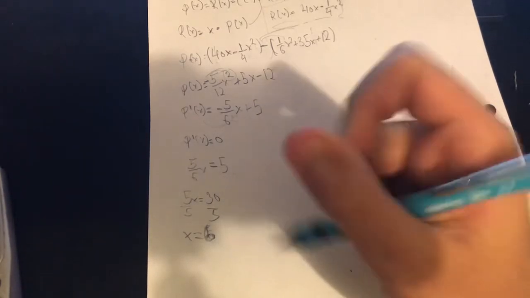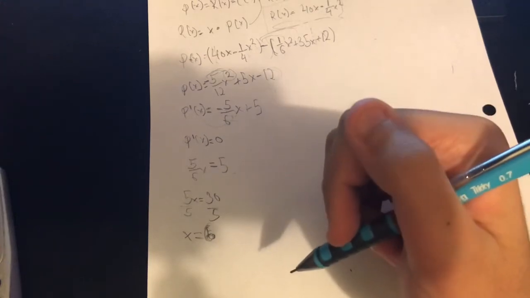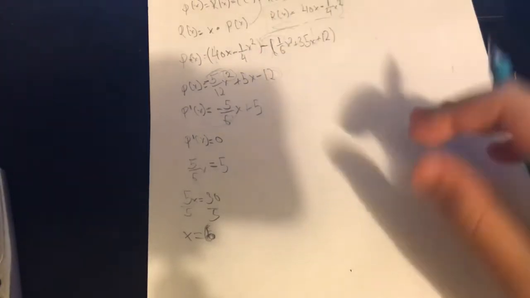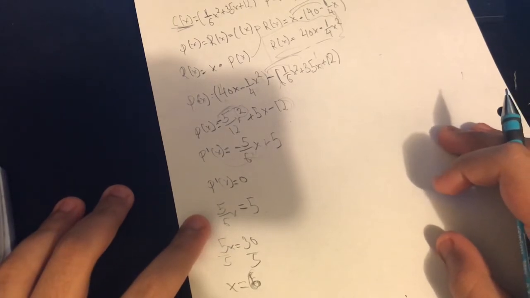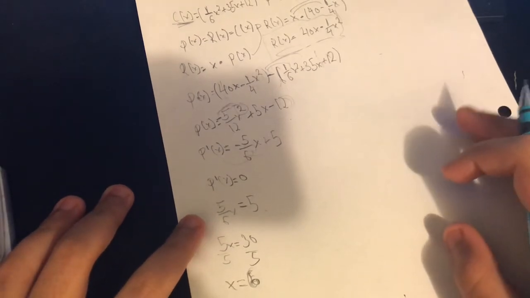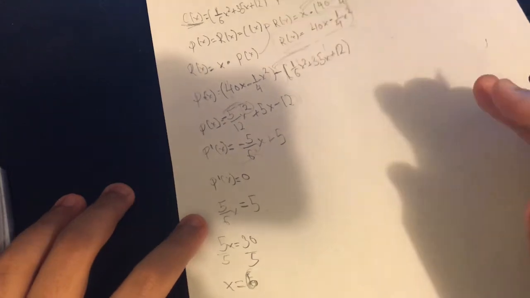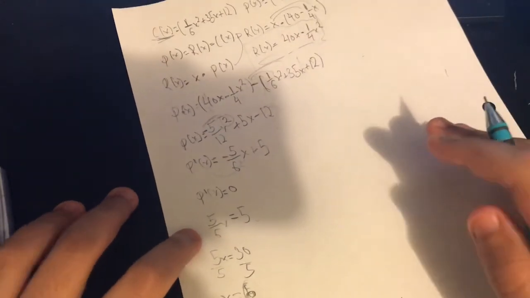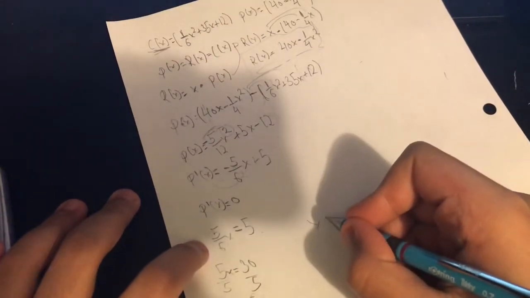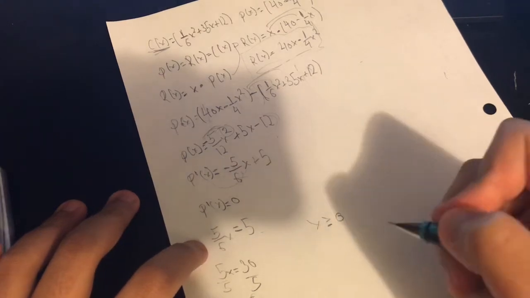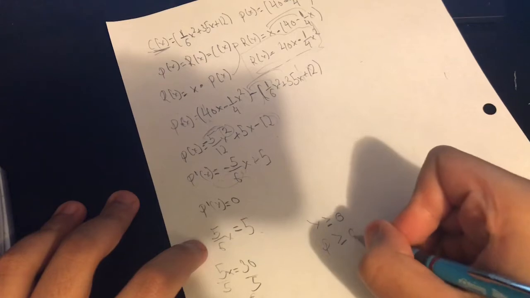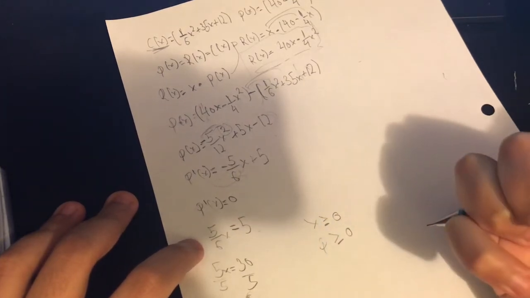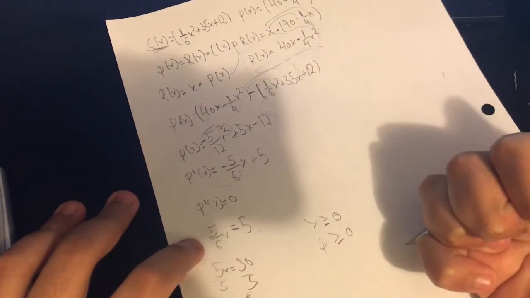So we need to check if it's a maximum by using the first derivative test, and you also need to get the domain. Let me first get the domain. x must be greater than or equal to 0, and the price must be greater than or equal to 0, because price can't be negative.